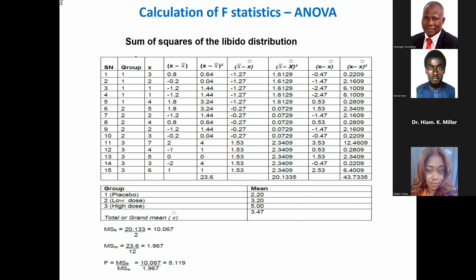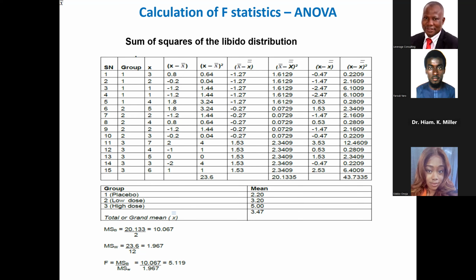Because number 1 to 5 is the same group, that's why you see the same value. If you remove this grand mean 3.47 from the mean of group 2, which is 3.2, it gives you minus 0.27. Since number 6 to 10 are in the same group, that's why you see the same value. Then the last one, you remove the 3.47, the grand mean, from 5, which is the mean of group 3, it gives you 1.53. That's for all the ones in that group.